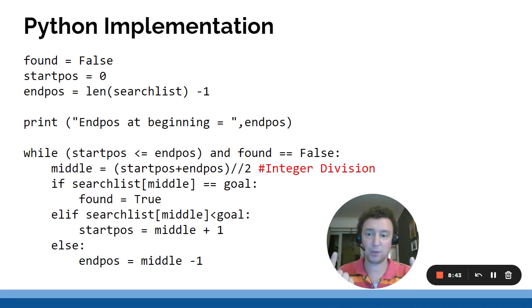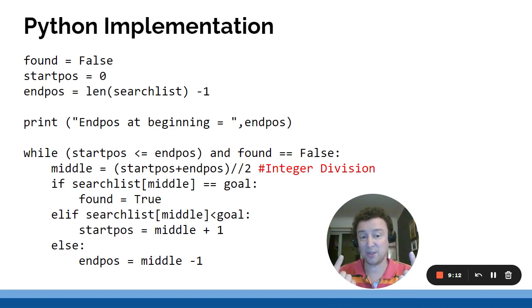So our while statement is while start pos is less than end pos, which it is just now, and found is false. We haven't found it yet. We're going to jump to the middle. So this is using something which is called integer division, which is why it's in red. So we add the start pos and the end pos together. So that's 0 plus 6. Okay, so that's 6, and we divide it by 2, but we don't just divide it by 2, we integer divide it by 2, so that double forward slash does an integer division.